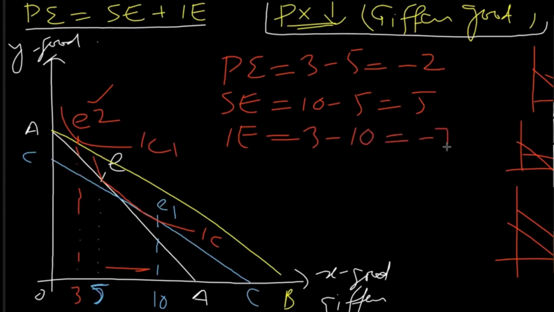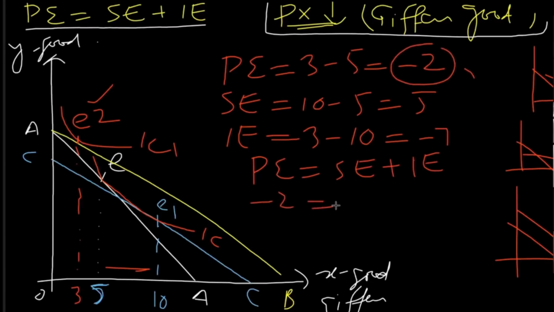So now we will put the values: price effect is equal to substitution effect plus income effect. If we put the value minus 2 in price effect, this is minus 2, and we will put the value of substitution effect, that is 5, plus the value of income effect, that is minus 7.